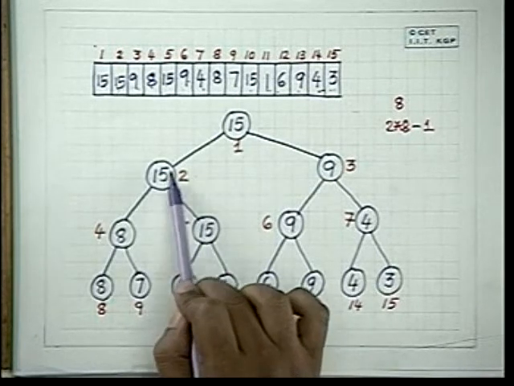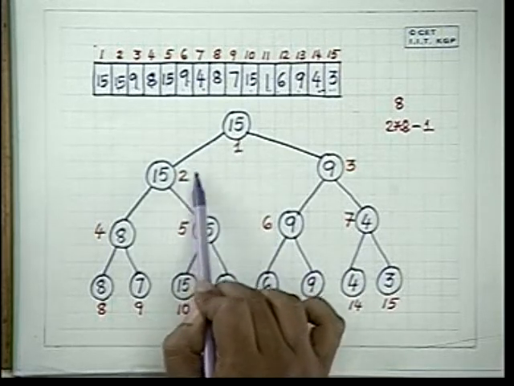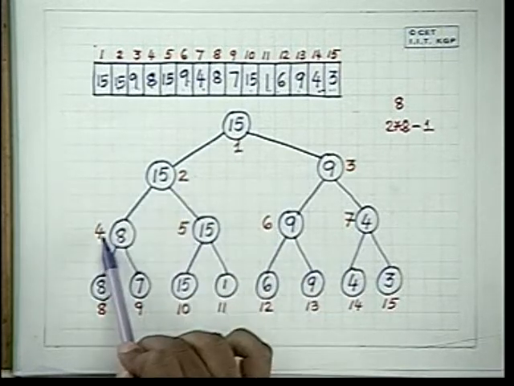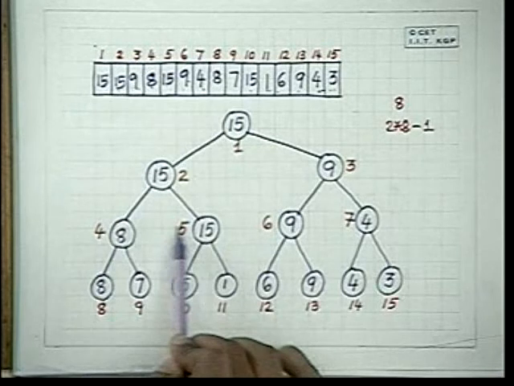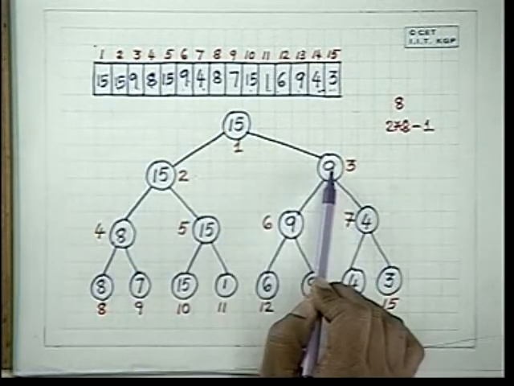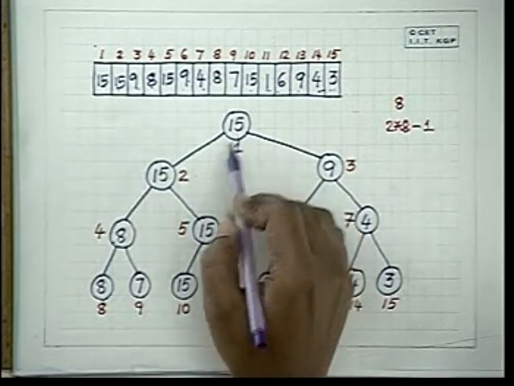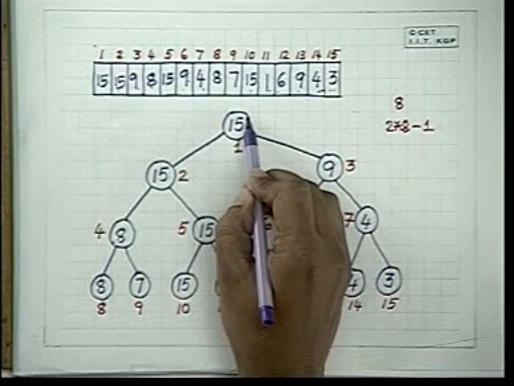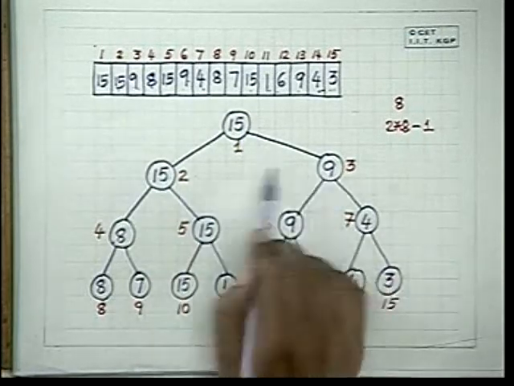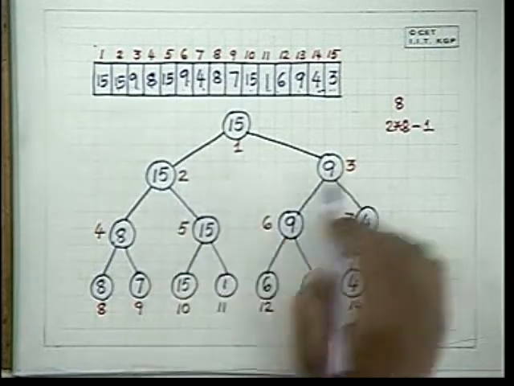If this index is 2, then jump to 4 and compare these two. The smaller of the two must be compared with the tentative second largest. So first you start with 15 and you initialize the second largest to the smaller of these two.